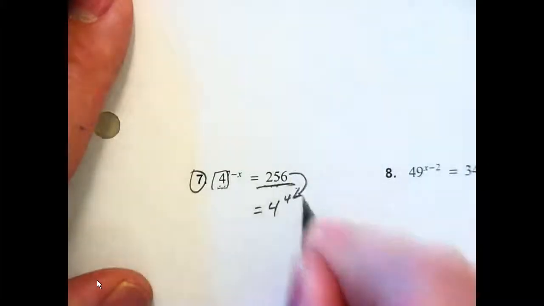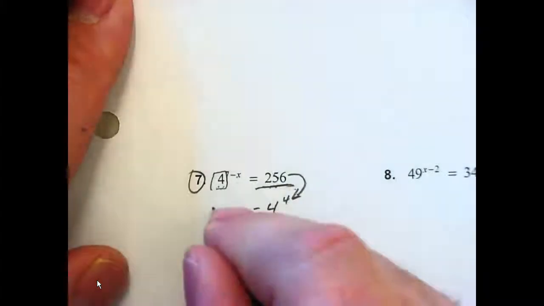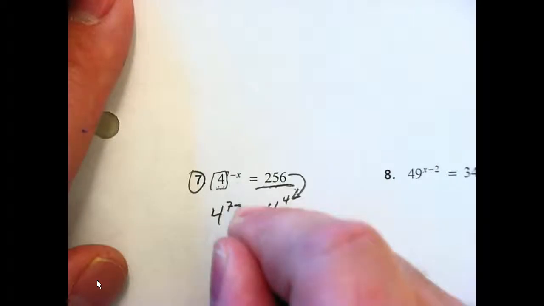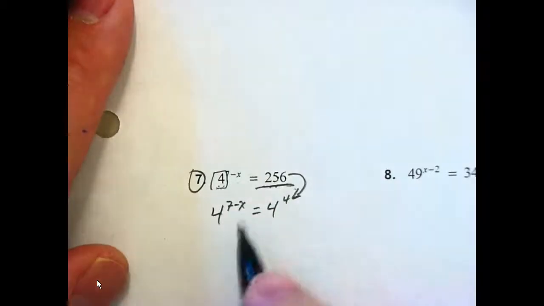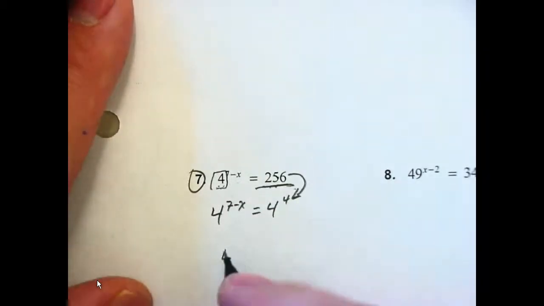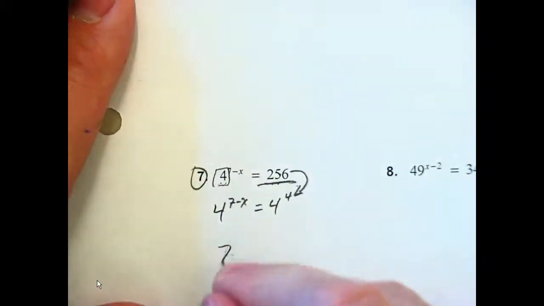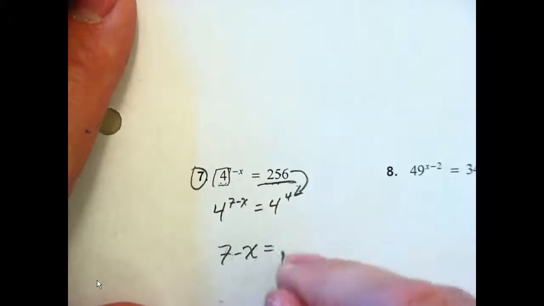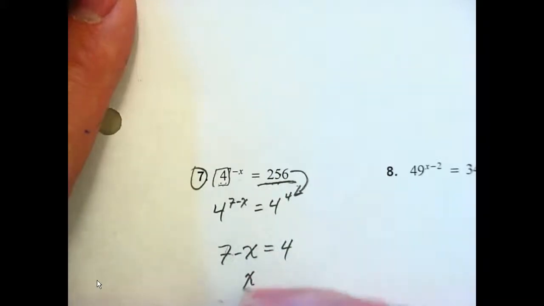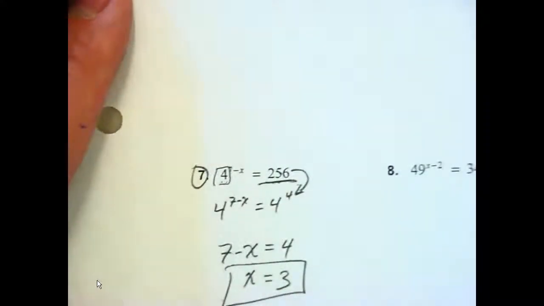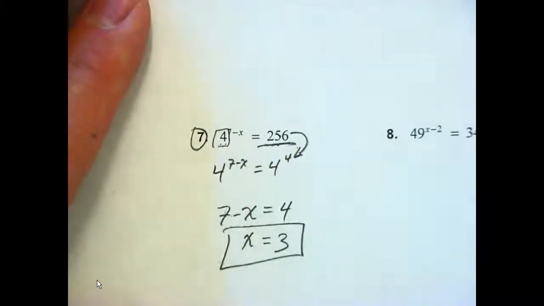That is the same as that. And now what I have is 4 to the 7 minus x equals 4 to the 4th, or 7 minus x equals 4. And so x equals 3. Okay, so you have to be able to match up those bases.